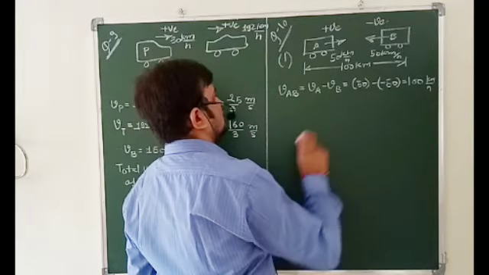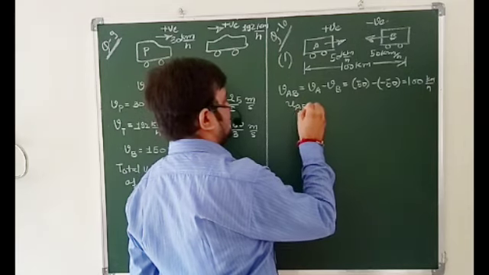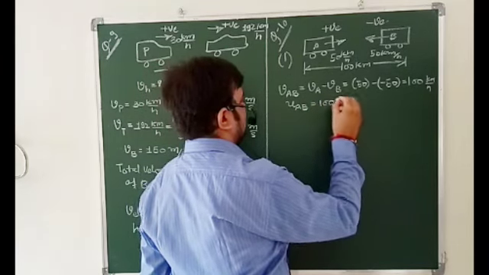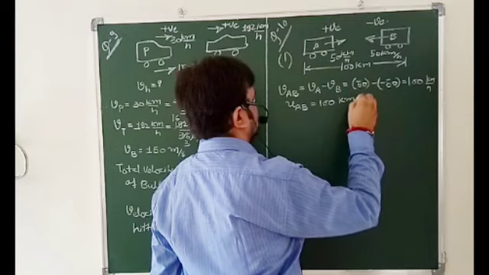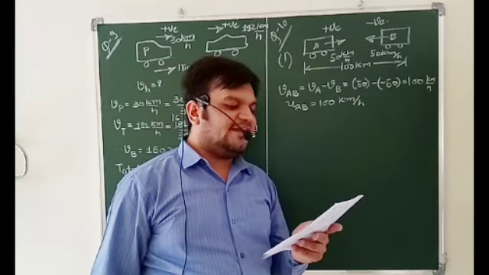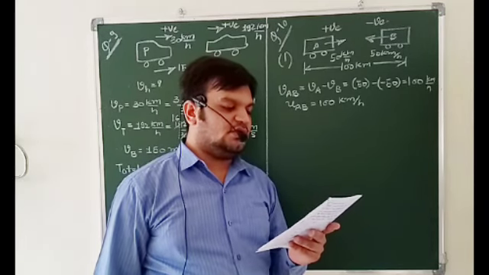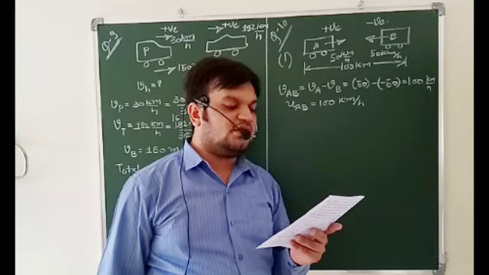Here it is the initial speed, so we can say that UAB is 100 km per hour. Now train A accelerates with 20 km per hour square and train B retards with 20 km per hour square.